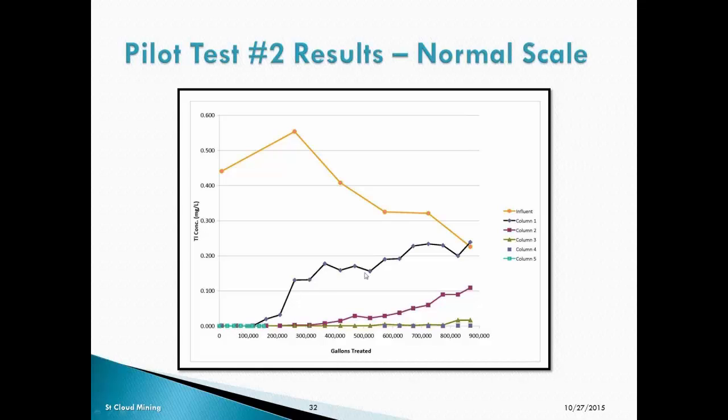And then over time, you get to the point where influent equals effluent, and the zeolite, for all intents and purposes, is exhausted at that point. But the water is now going into column 2, and the same thing happens over and over through all of the systems. At the very end, basically on the pilot scale, they got to 1 million gallons almost of discharge without any thallium coming out of the effluent.